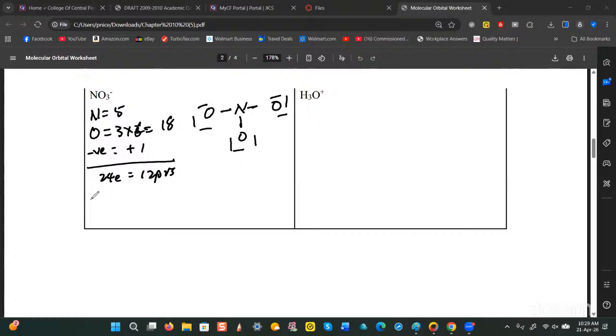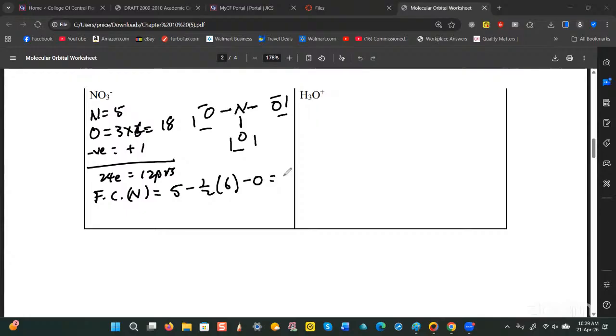So the next step is formal charges. Let's do the nitrogen first. How do you calculate the formal charge for the nitrogen? Group number 5 minus half of 6 bonding electrons, minus 0 nonbonding electrons.